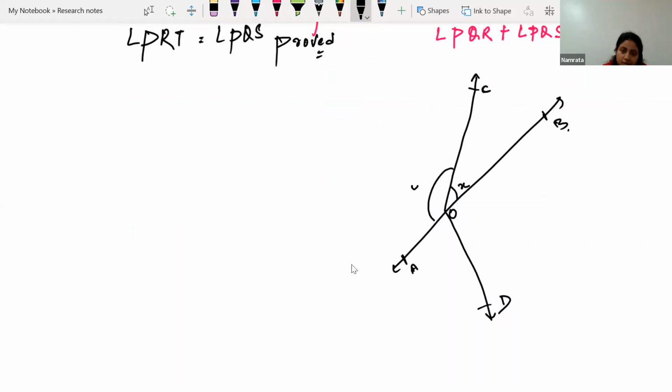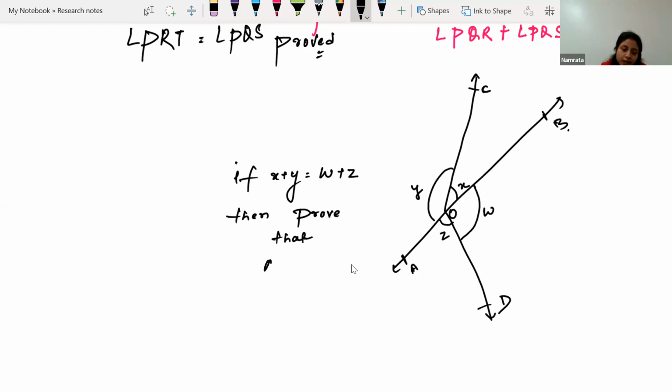This is X, this is Y, this much is Z, and this is given as W. Now, if X plus Y is equal to W plus Z, then prove that AOB is a line.